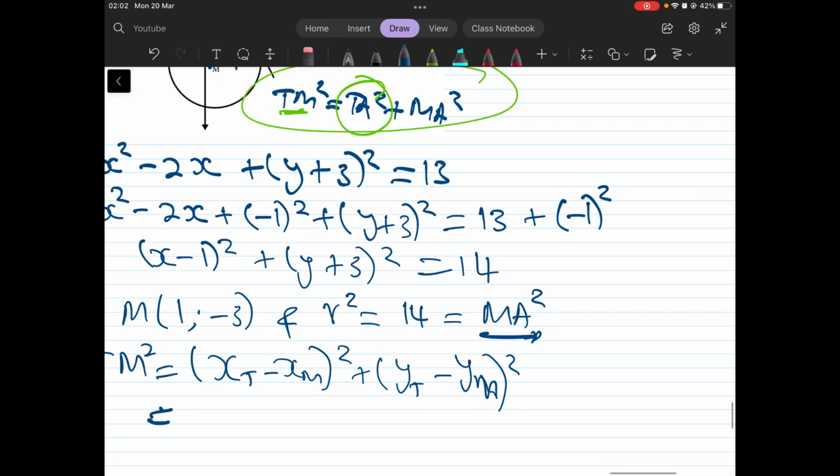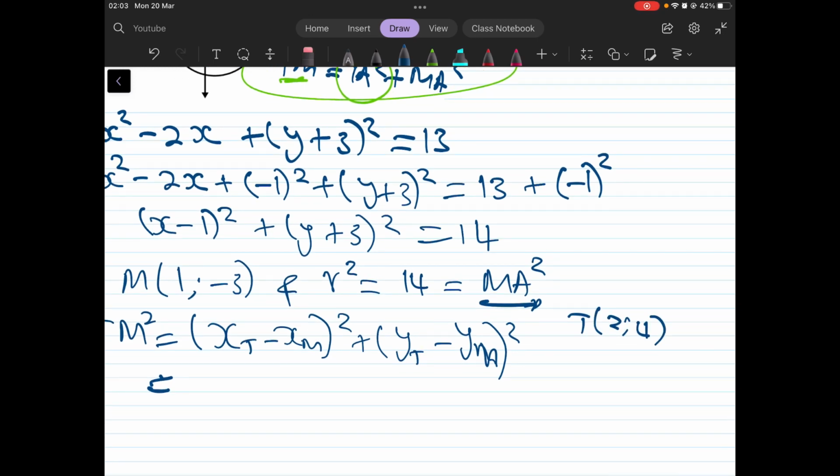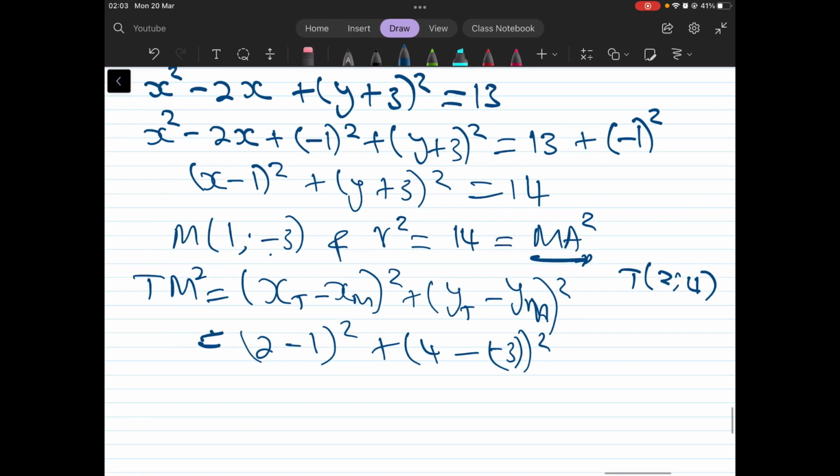Let's substitute. The coordinates of T are 2 and 4, so I'll write them here so we can do the substitution together. Then this is 1 plus yt, which is 4 minus ym, which is -3. Then you square everything. TM squared is going to be equal to 50.